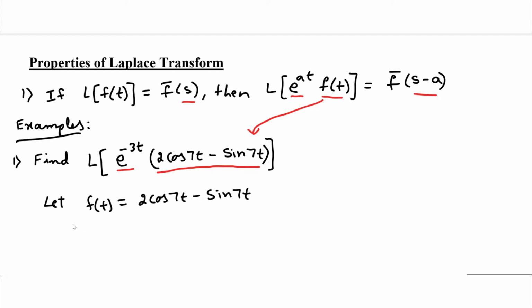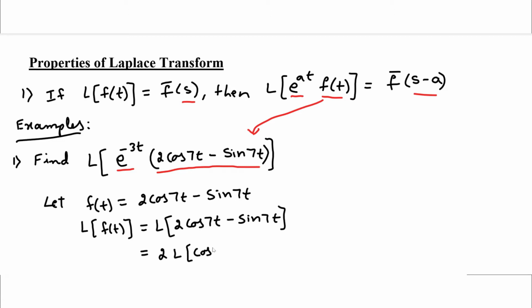If I take the Laplace transform on both sides, Laplace transform of f of t will be equal to Laplace transform of 2 cos 7t minus sine 7t. Applying the Laplace transform individually, first term 2 is a constant, so Laplace transform of cos 7t, minus Laplace transform of sine 7t.